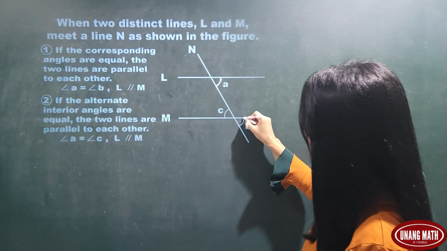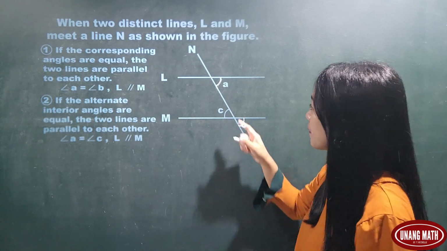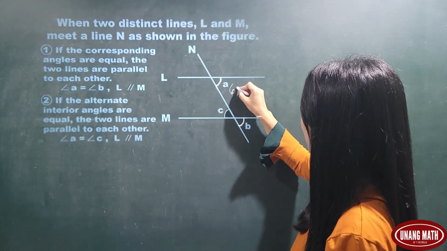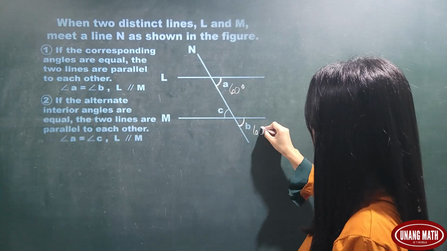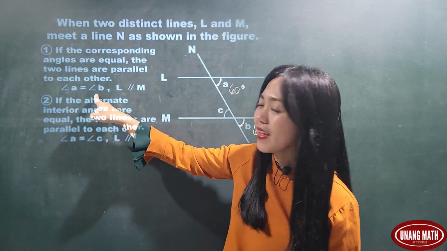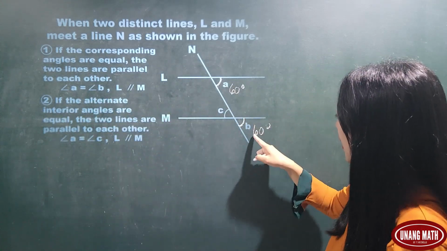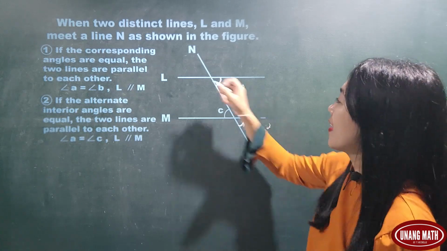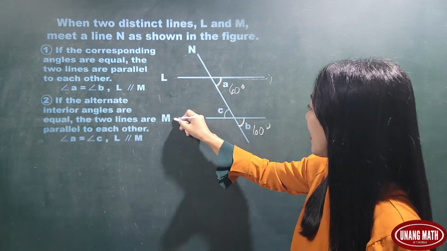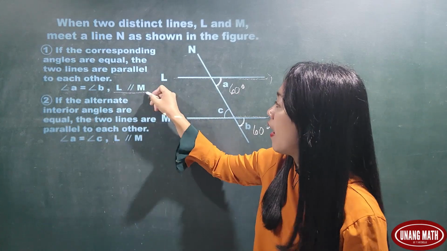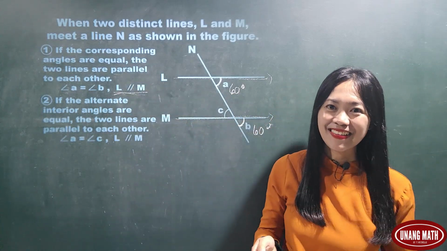This angle, and then this is angle B. Let's say this is 60 degrees. This is 60 degrees because according to this one, equal in measure. So angle A and angle B equal in measure, then line L and line M are parallel lines.